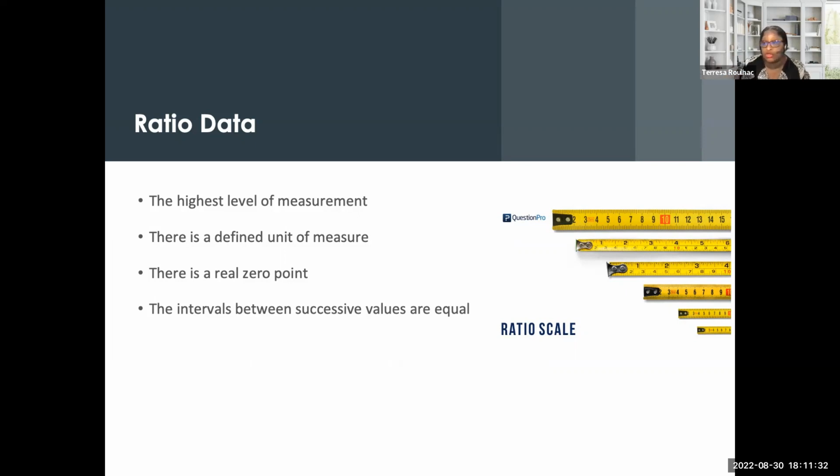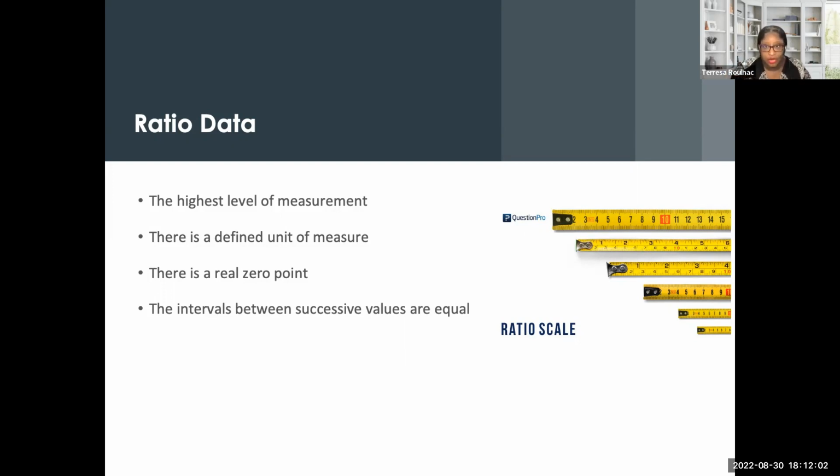You have an item, you go to Best Buy, they give you a certain amount of time where you can return it for a full refund. Unemployment rates, crime rates, these are all examples of ratio data. It may be displayed by units of equal size, placed on a scale starting with zero, and can be manipulated mathematically, such as 0, 5, 10, 15, and 20.